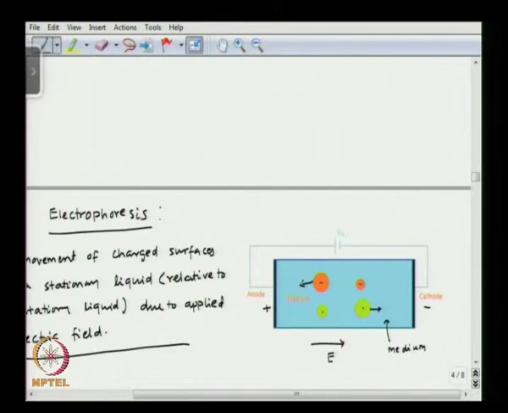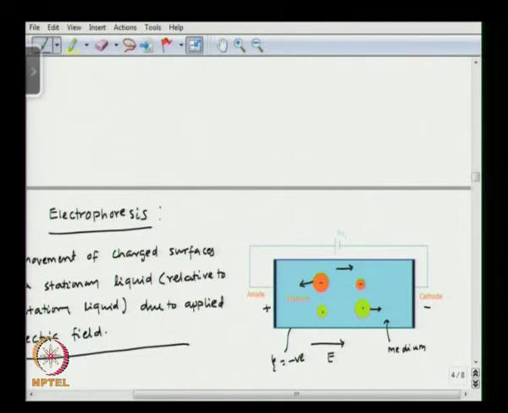Okay. Now, when you are talking about a medium which has non-zero electrical conductivity and we have an electric field in this direction, we would always have electroosmosis coming into play, and if the zeta potential is negative, then the electroosmosis is going to occur in this direction.